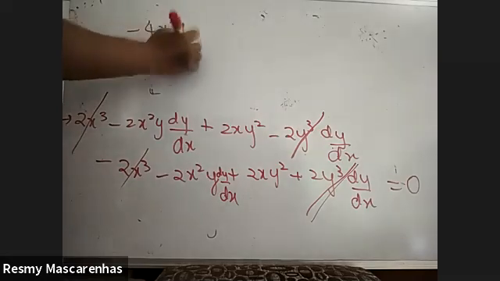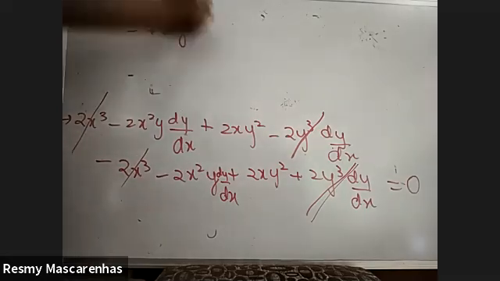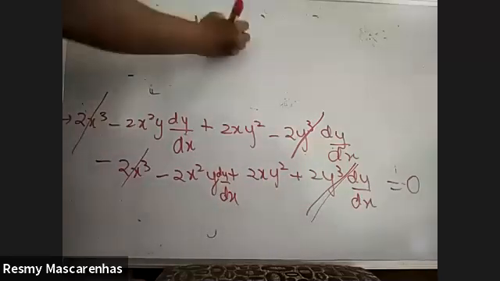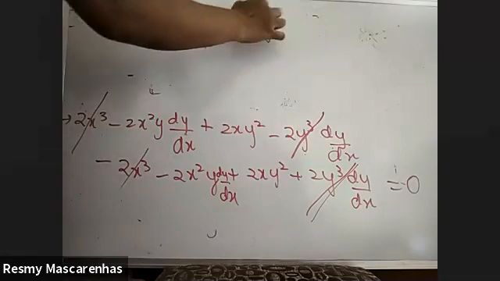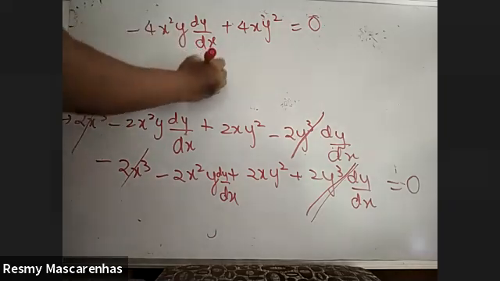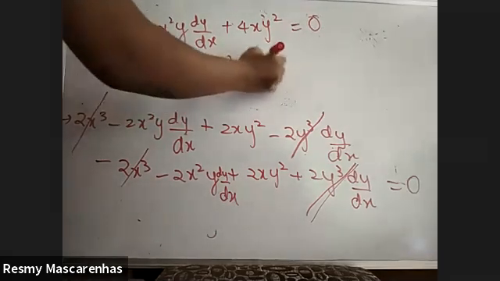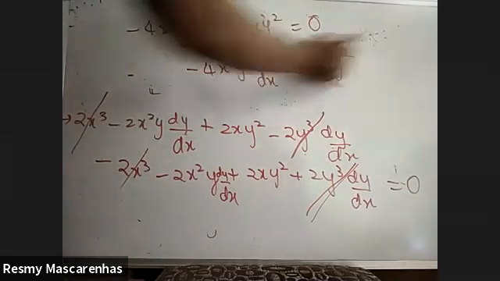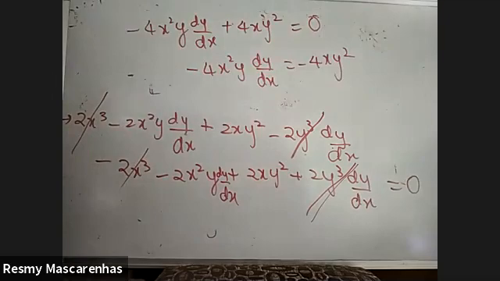Minus 4x square y dy by dx plus 4xy square is equal to 0. So minus 4x square y dy by dx is equal to minus 4xy square. These two terms have got added and these two terms have got added.